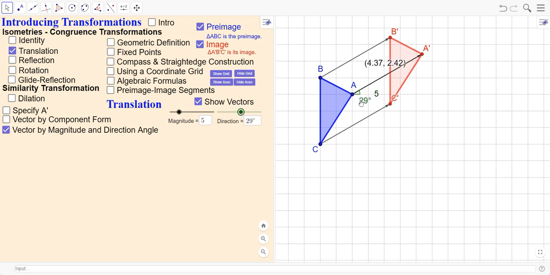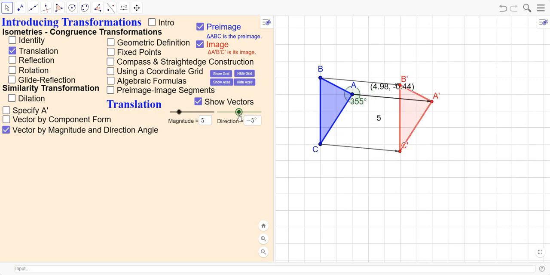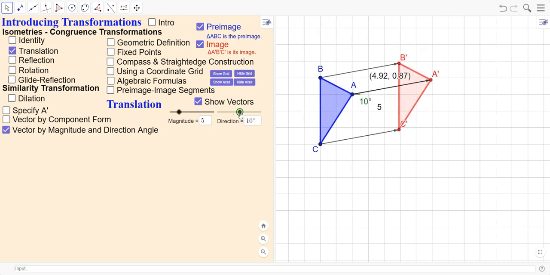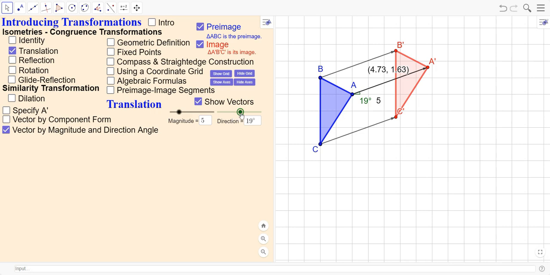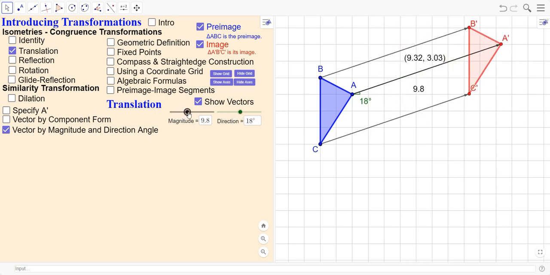That specifies the angle we're going, and then this specifies the length of the vector. So 8.5 is the length of all of these vectors. There it is in component form. If it's 18 degrees with a distance of 8.5, then that turns out, at least approximately, to be 8.08 to the right and 2.63 up.